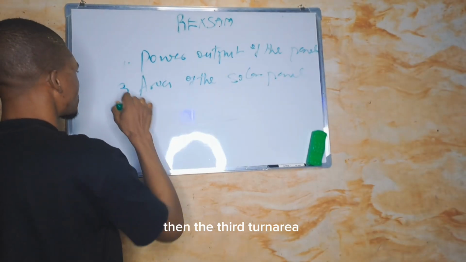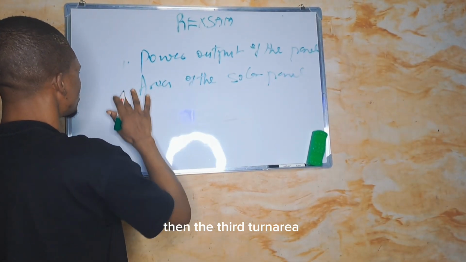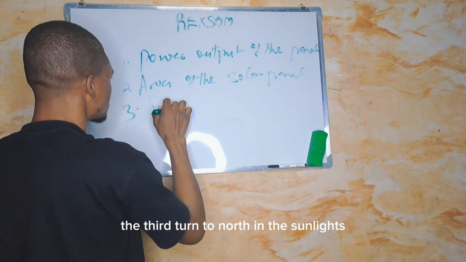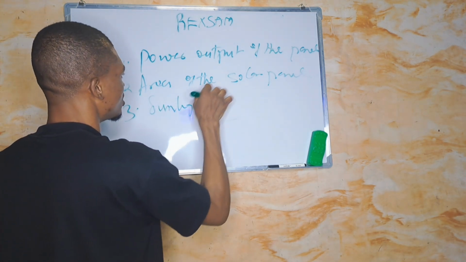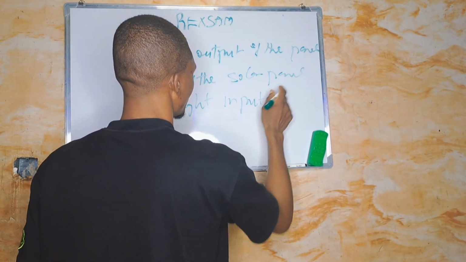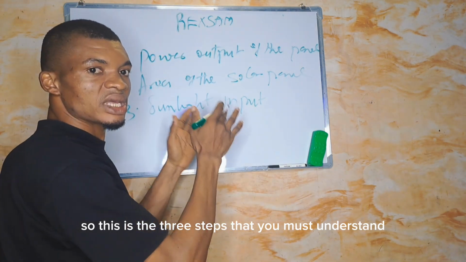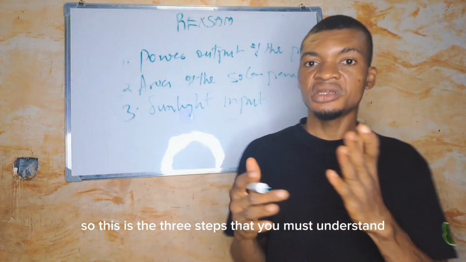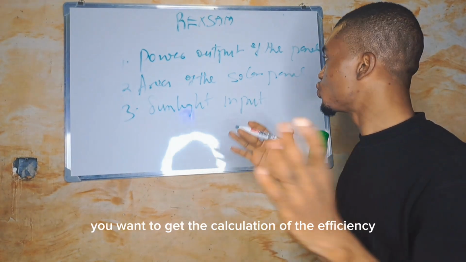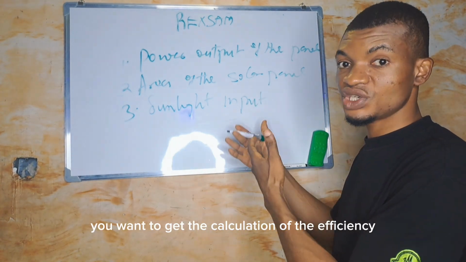Then the third thing to note is the sunlight input. So these are the three steps that you must understudy and know very well if you want to get the calculation of the efficiency of the panel.